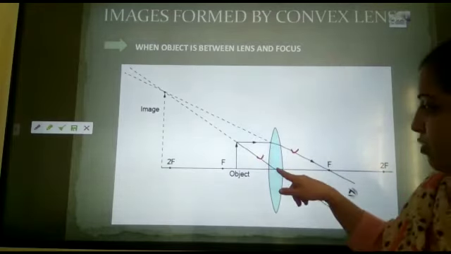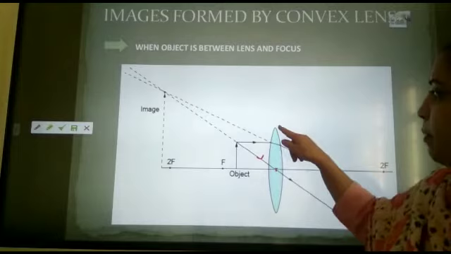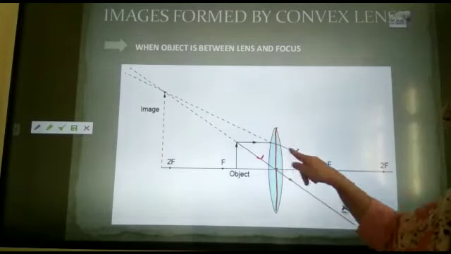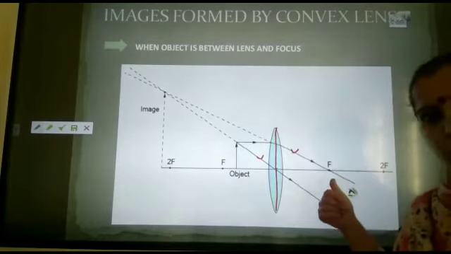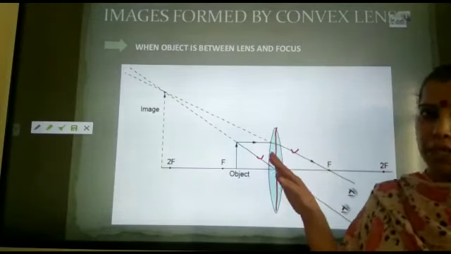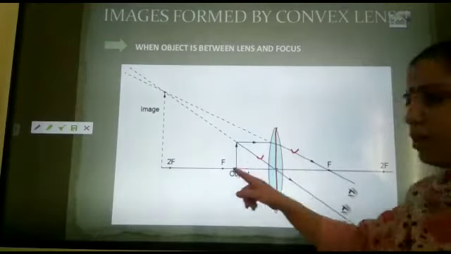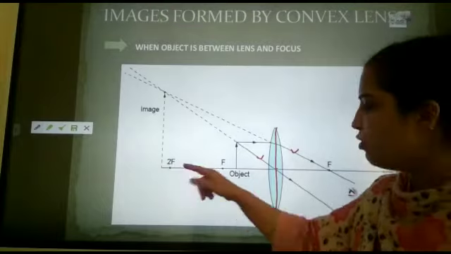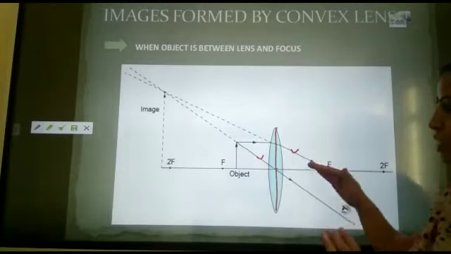This one is passing from the center, this one is bending from the middle of the lens and then passing from the focus. These points you have to already make in the diagram. See, F is marked at a similar distance on both sides, and 2F is marked on both sides.